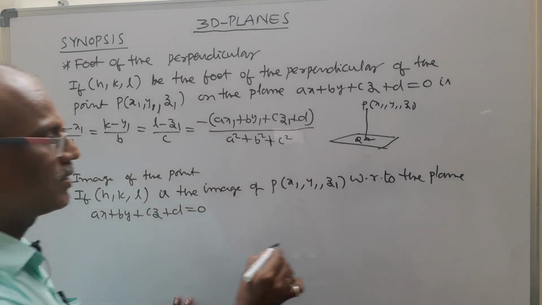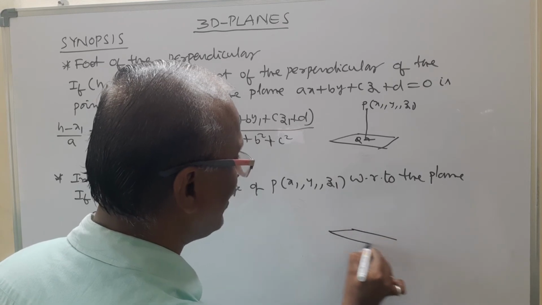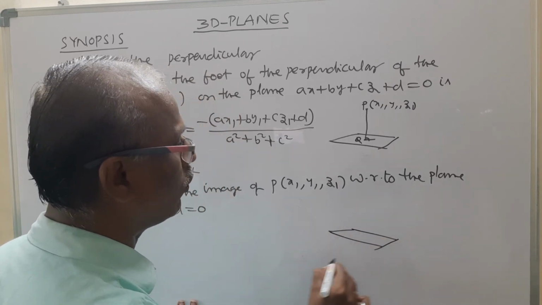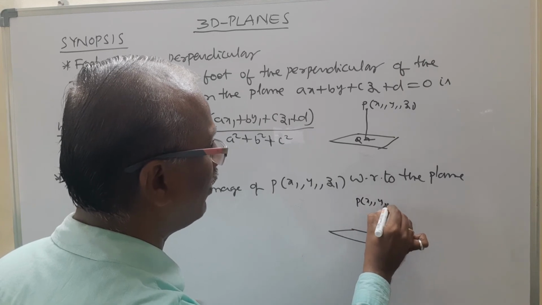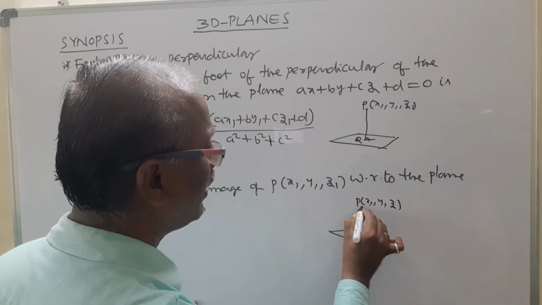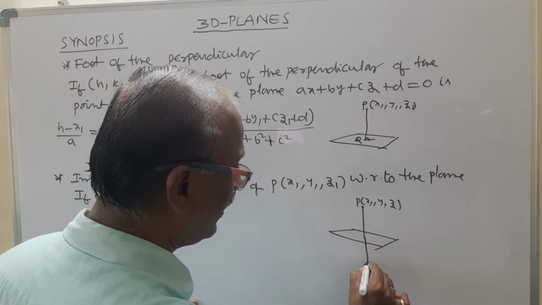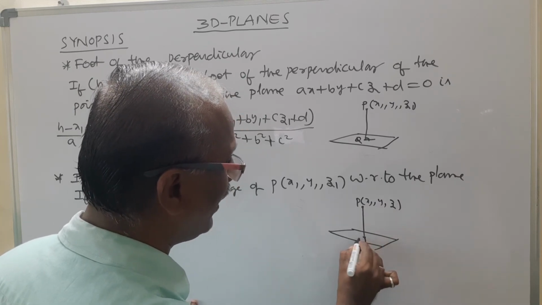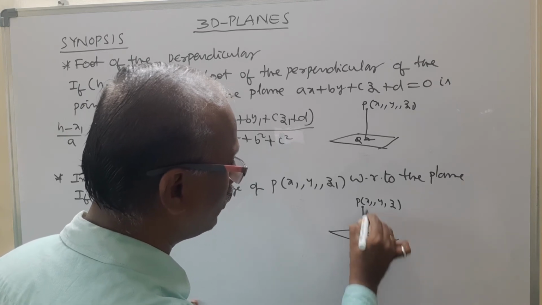Next, image of the point. Here the same point. This is the plane equation: ax plus by plus cz plus d equal to 0. If the point P is x1 comma y1 comma z1, for the image of point P, this is the midway point of the plane, and also this is perpendicular to this line.